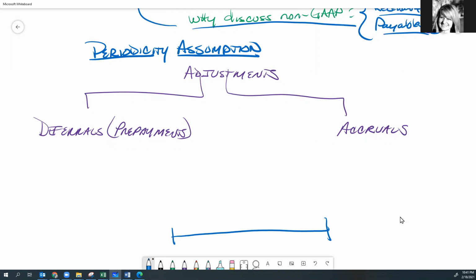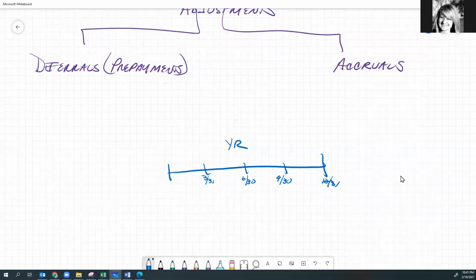Sometimes the period is a whole year, or sometimes it's a quarter. A quarter is 3 months, right? So this would be the quarter ended 3/31, 6/30, 9/30 or 12/31, if we were dividing it into quarters.